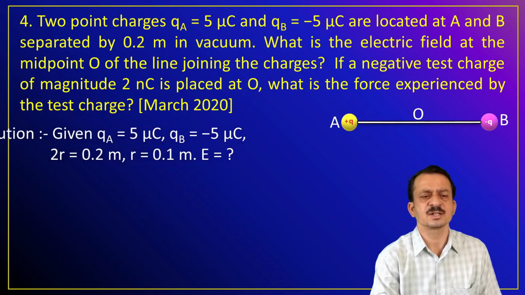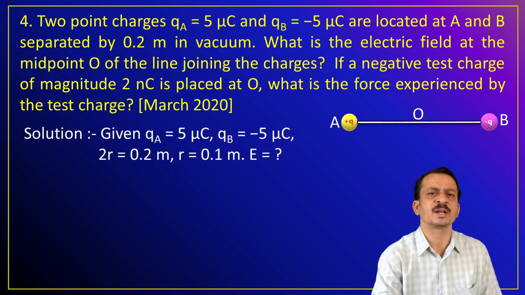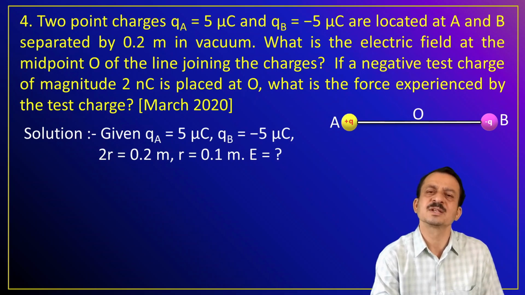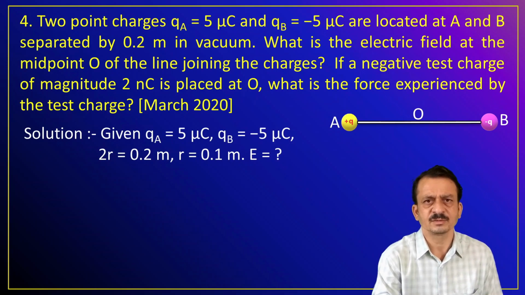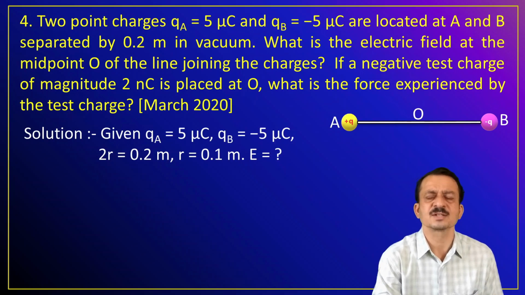Now, what are the given things? QA is given as 5 microcoulomb. Micro means 10 to the power of minus 6. QB is given as minus 5 microcoulomb. Separation 2R is equal to 0.2. Therefore, R is equal to 0.1 meter, because 2R is the distance between the two charges, and R is the distance of the individual charge from the midpoint.